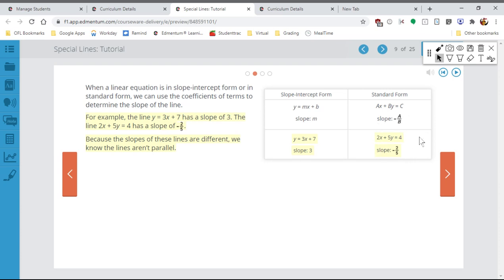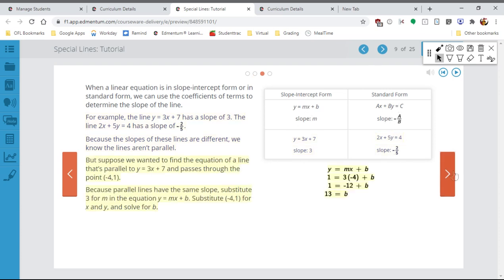I wouldn't memorize this formula. I would just remember to solve for y. If you solve for y, you'll find your slope. Memorizing another formula seems kind of pointless when the slope's right next to the x. So if you solve for y, you just look at the number next to the x.